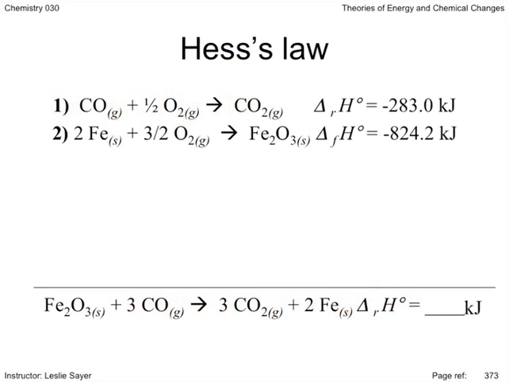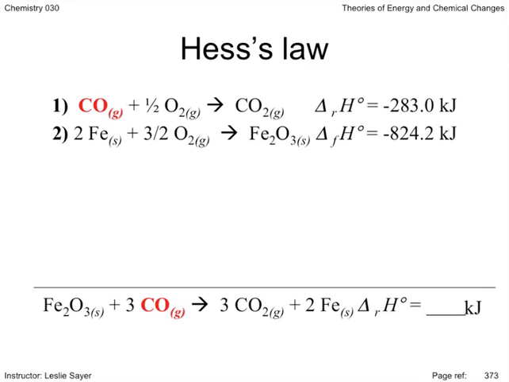By looking at the given equations, we'll see what needs to be done so they'll add up to the required target equation. Compare equation 1 with the target equation. Equation 1 does include carbon monoxide and carbon dioxide molecules in the target equation, but there's no oxygen in the target equation.